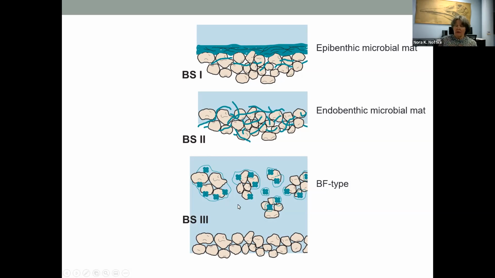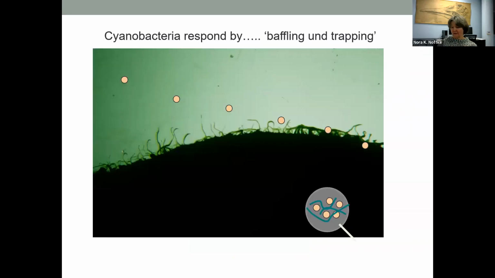Now, this is important because cyanobacteria are photoautotroph. If they would be buried, that would not be good. The light would be blocked. So this is a mechanism to ensure that once the sediment is completely quiet, those little aggregates are deposited at the very least at the very top of the sediment, and they remain within reach of light.